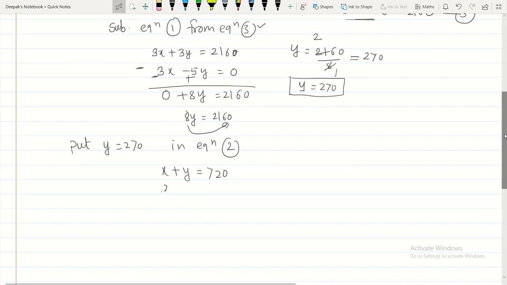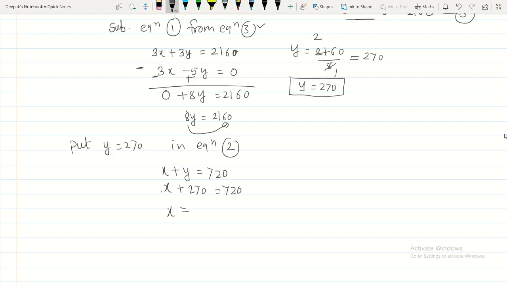So x plus 270, I am writing as it is, will be equal to 720, right? And now x will be equal to 720. This plus 270 will go to that side, it will become minus 270, right? So subtract 720 minus 270. So 0 will remain as it is.